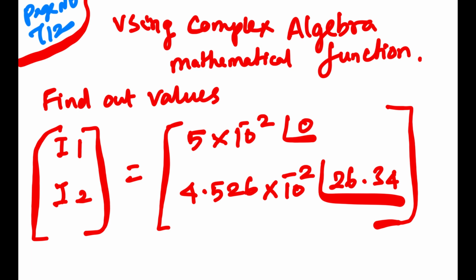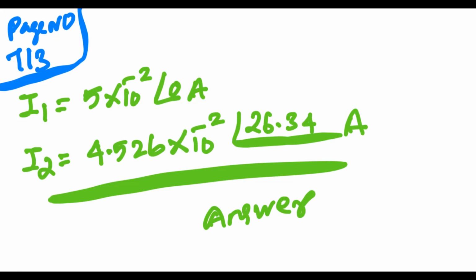That is important. Finally, we obtain I1 value is 5 into 10 power minus 2 angle of 0 ampere. I2 is 4.526 into 10 power minus 2 angle of 26.34 ampere. That is the answer.